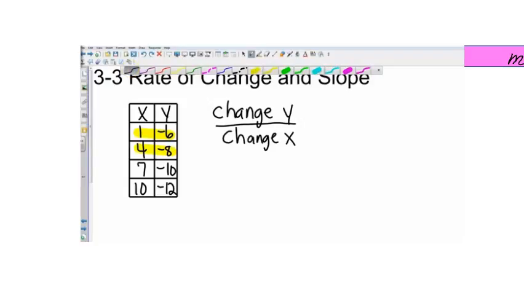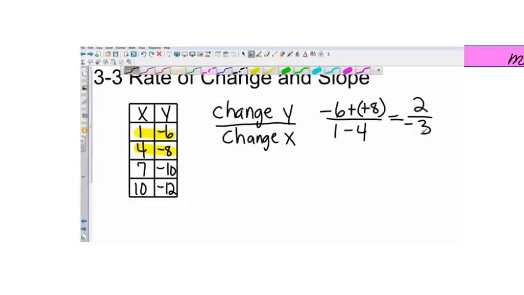My change in y is -6 minus the -8, and my change in x is 1 minus 4. So -6 minus a -8, change that to plus. -6 plus 8 is 2. 1 minus 4 is -3. So far in my first example, my rate of change is -2/3, or 2 over -3.